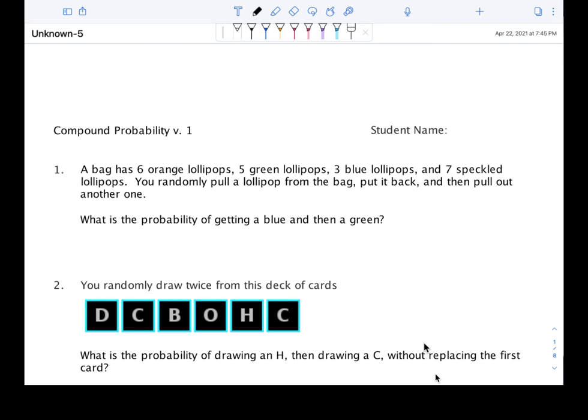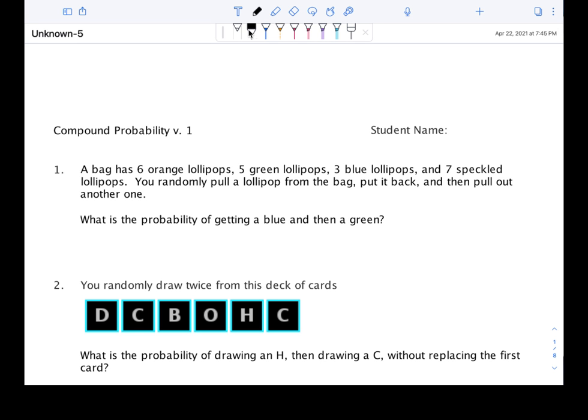All right, so we did some simple probability, and I want to review that before we jump into this new topic of compound probability. The idea of simple probability is just: what is the chance that one event is going to happen?